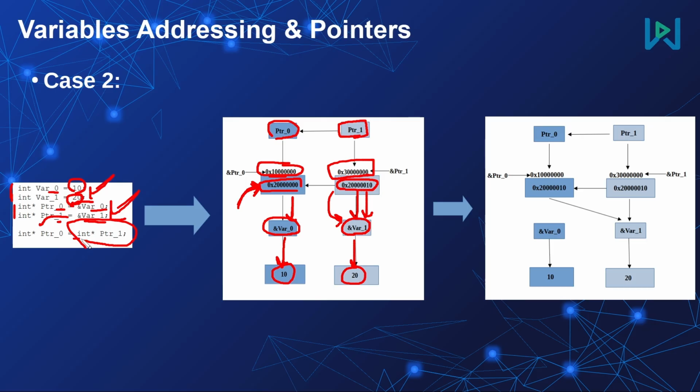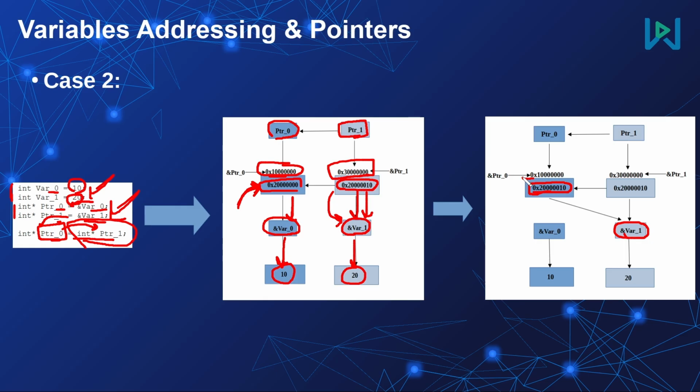Now here I am going to initialize our pointer number 0 with the value of another pointer. This means at hardware level that the pointer number 0 will contain the address of the variable number 1.